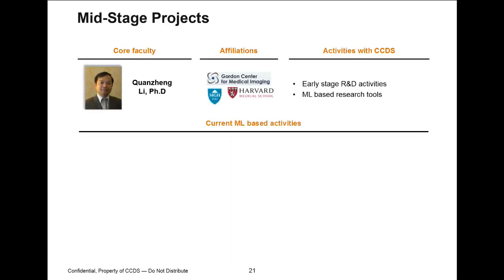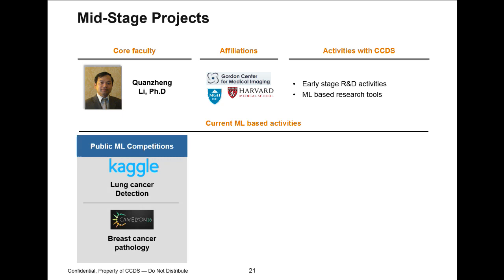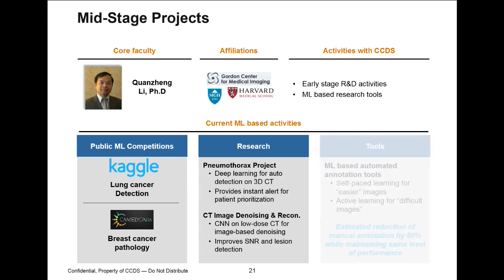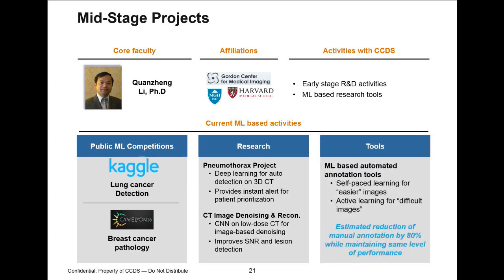Several projects are coming out of Quanzhang Li's lab. He actually won the competition for breast cancer pathology. We'll show you an example of that shortly for the Camelyon17 challenge, working in pneumothorax, CT reconstruction, and machine learning based annotation tools.